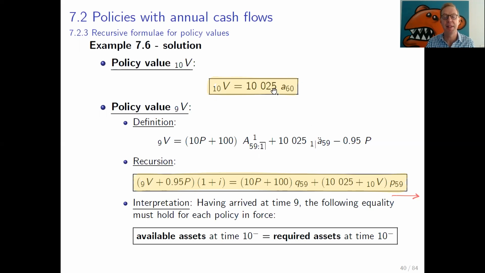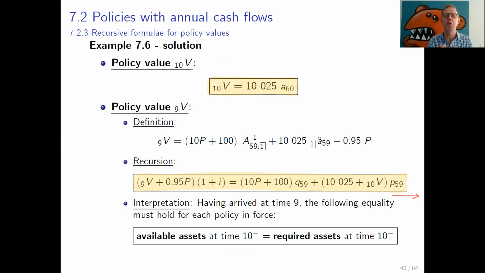So this is a lifelong annuity on a person of age 60. The benefit payment, the annuity payment, rather, is 10,000, and there is an expense of 25. Now we have to be a little bit careful about whether we have to include the annuity payment at age 60, yes or no. This is by convention the policy value after benefit payments.